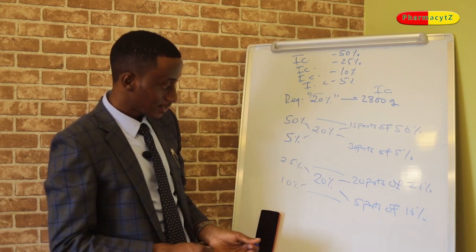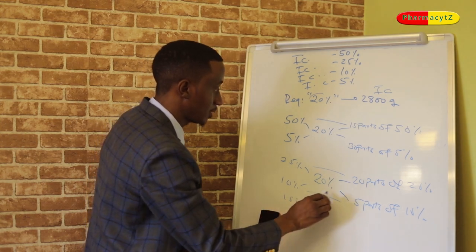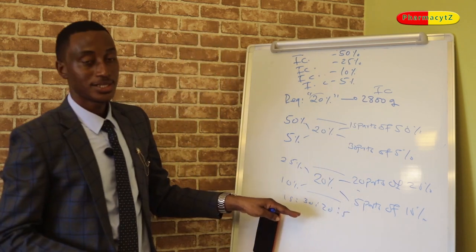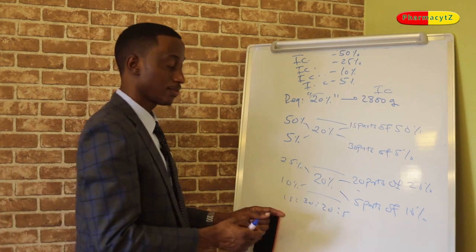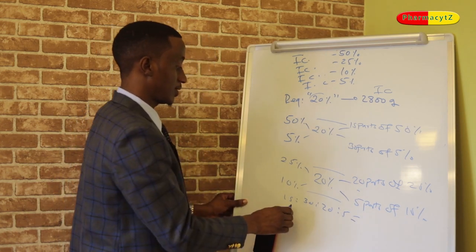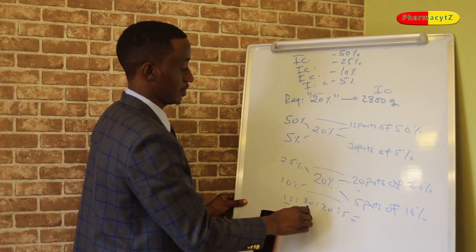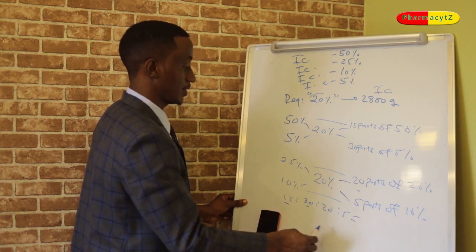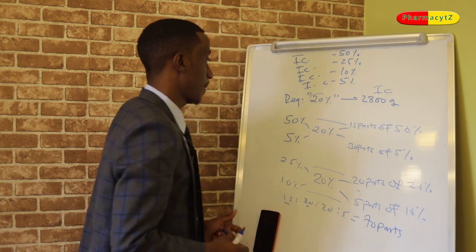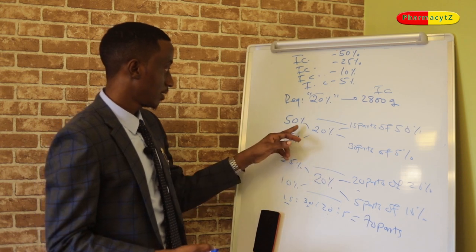So up to this moment, already we have the parts required. So the total number of parts, we have 15, 30, 20, 5. This can be written in ascending order from the lowest to the highest. But obtaining the sum here, 15 plus this, so we have 50, and that is 70. We have a total of 70 parts. So let us prove our answer if it is really okay.